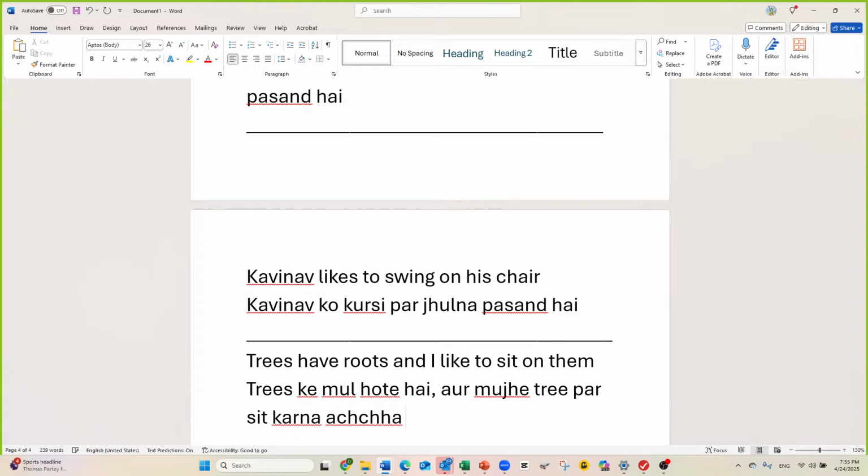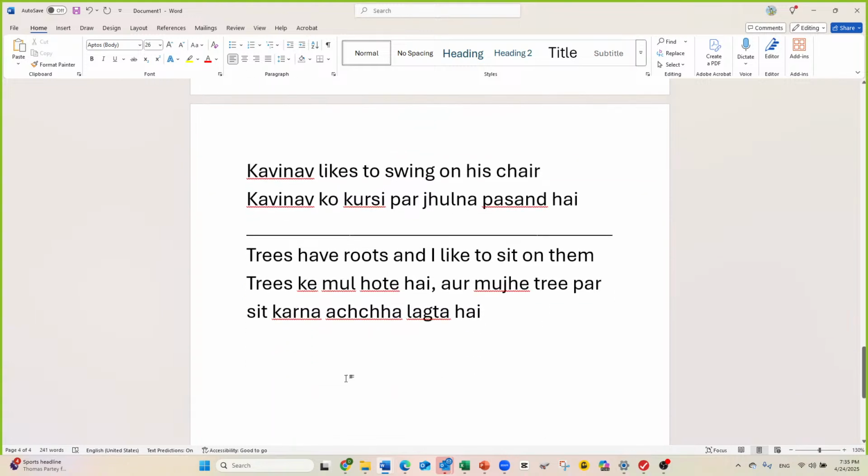Okay, now let's replace. First, let's read the sentence. Trees के ट्रीज के मूल होते हैं और मुझे ट्री पर सिट करना अच्छा लगता है.